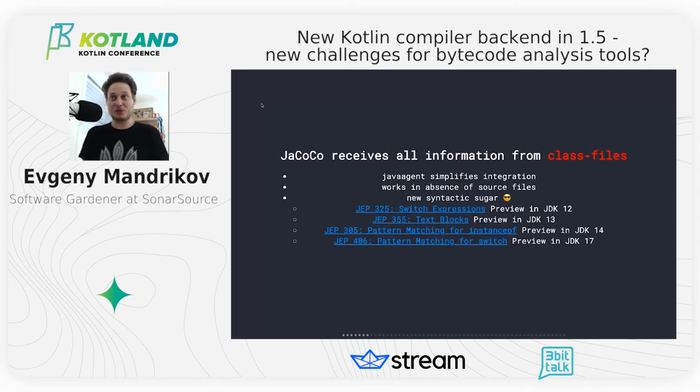Some examples of this are switch expressions. We don't need to do anything to support them. Text blocks, the same thing. Pattern matching, for instance, no changes on our side, just some back reporting to JDK. Pattern matching for switch, the same thing.